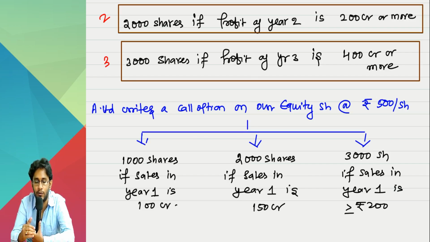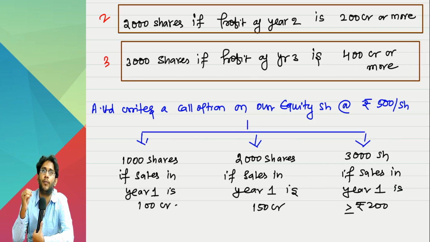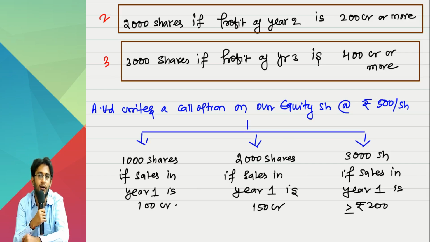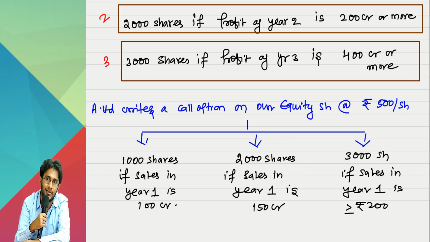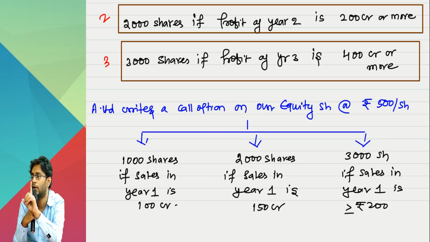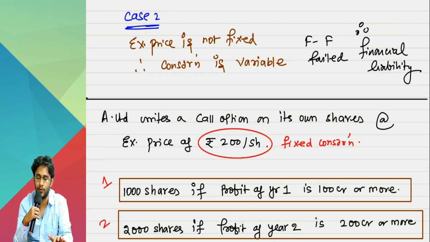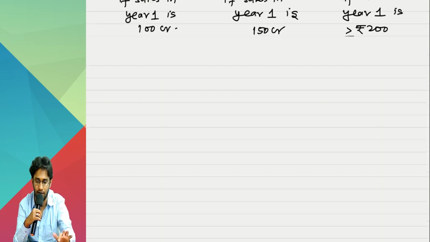What is the difference between this one and the previous example? In the previous example, profit conditions were given for year 1, year 2, year 3. But here the target condition is sales, which all relates to the first year only. Technically speaking, here also 3 possibilities are there.